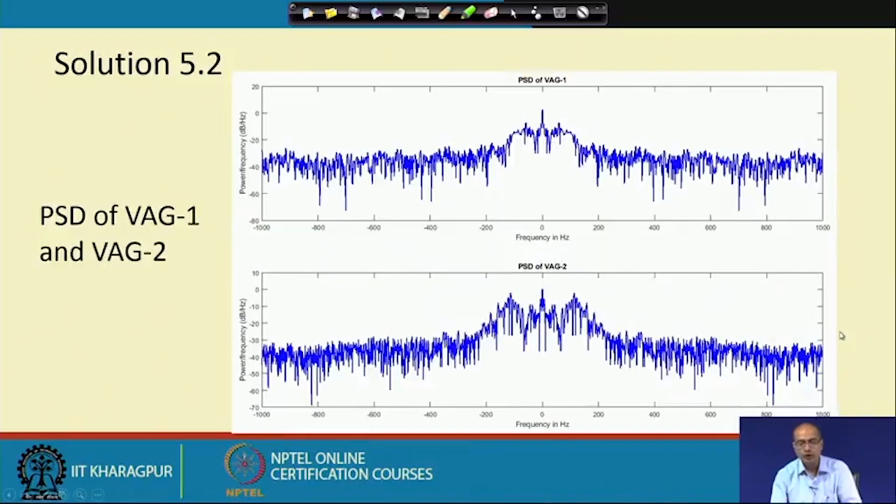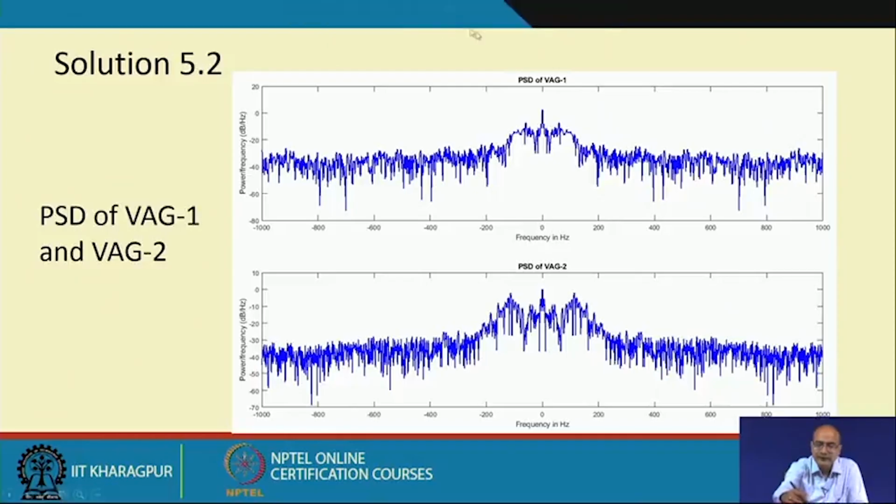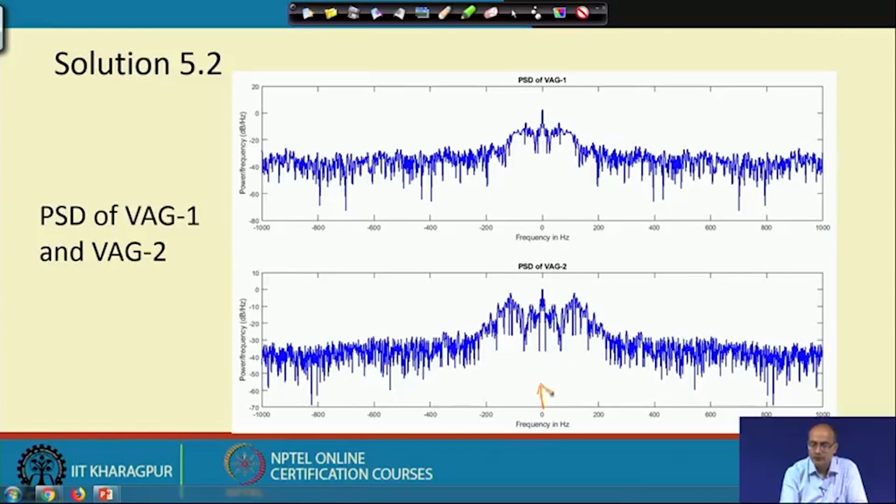Now, to see it more clearly, we show them in the same pane, and we can see that the basic nature of these two is the same. The highest value is at the DC value. Okay.